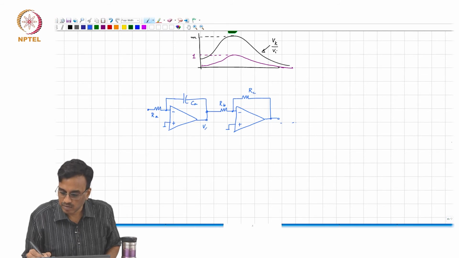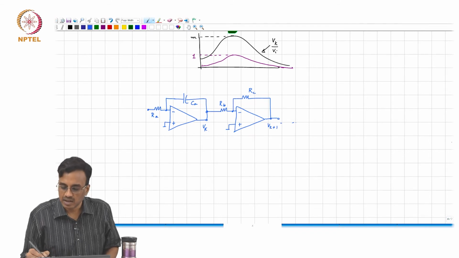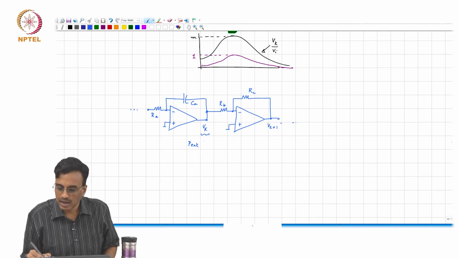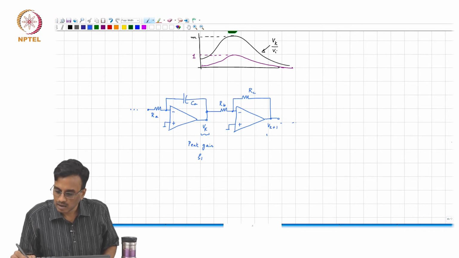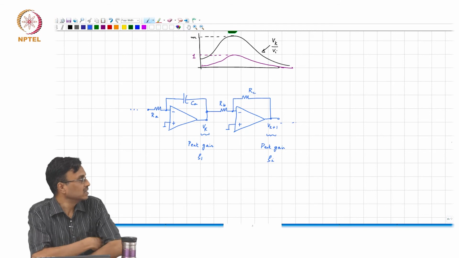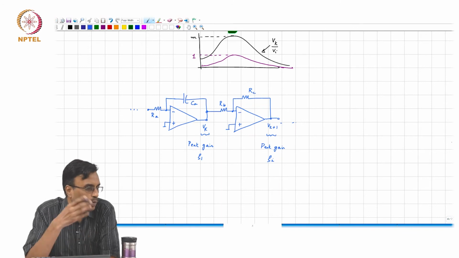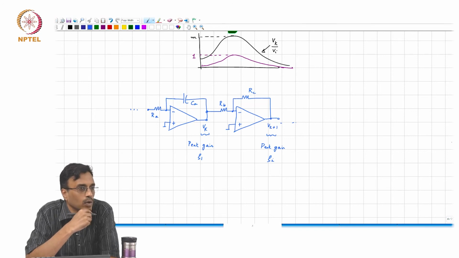This is Vk, this is Vk plus 1. Let's say, for argument's sake, that the peak gain of the frequency response from Vi to Vk was G1 and the peak gain at the next output was G2. We want the peak gains at both these outputs to become 1. So, rather than do it one op amp at a time, if you want to do it in one shot, what do you recommend that we do?